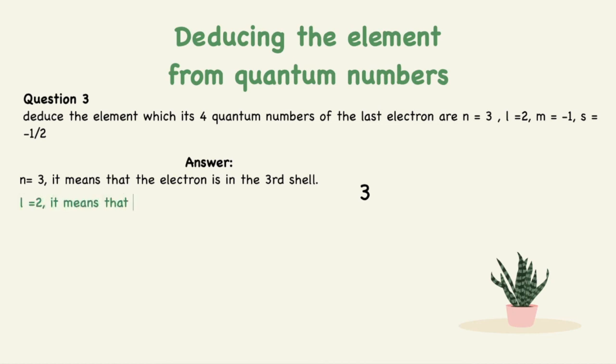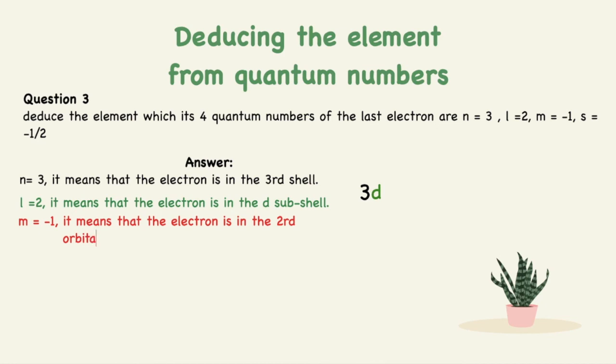It means that it is the d subshell. s is 0, p is 1, and d is 2, so it is the d subshell. And m is -1. It means that the electron is in the second orbital of the d subshell. We will draw it, and the spin is -½ so it means that the last electron is spin down.